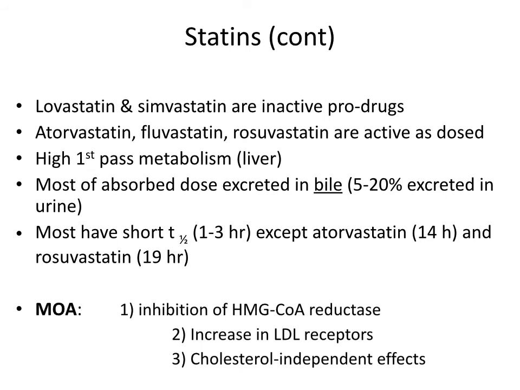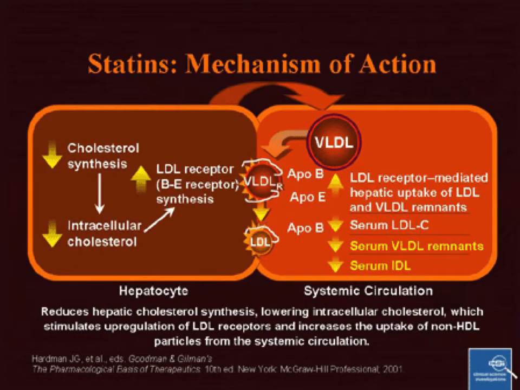How do they work? So I already told you they inhibit the rate-limiting enzyme in steroid biosynthesis. They increase LDL receptors. What do LDL receptors do? Take LDL out of the plasma. They take LDL out of the plasma, and most of those receptors are found in the liver. And then those cholesterol-independent effects that I just mentioned. So here's a cartoon for those of you who like cartoons. This is a liver cell, a hepatocyte.